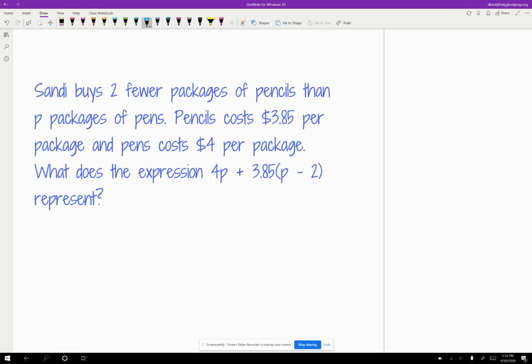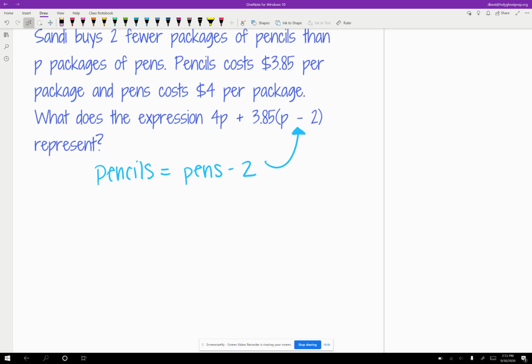For this one, I would say that my pencils is equal to my pens minus 2. So here I have that in my expression. Then I know my pens cost $4 each.